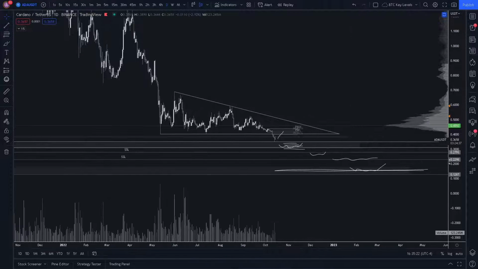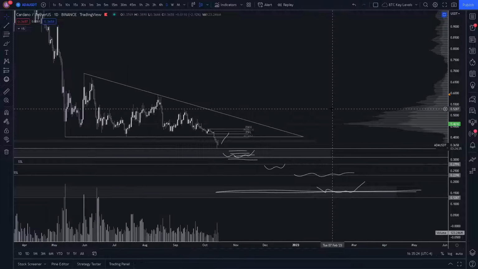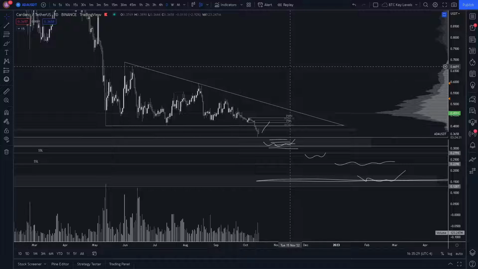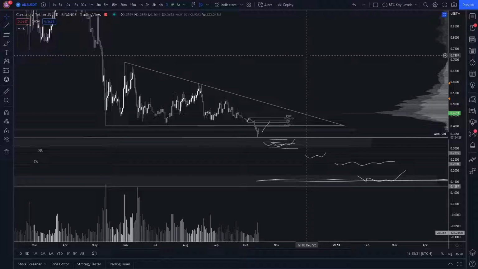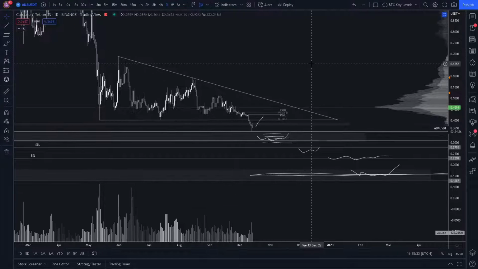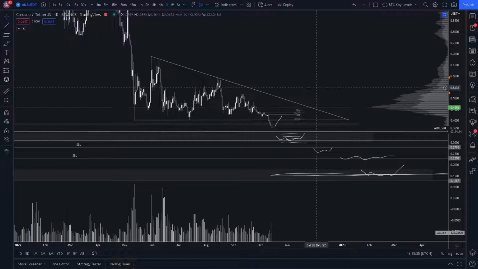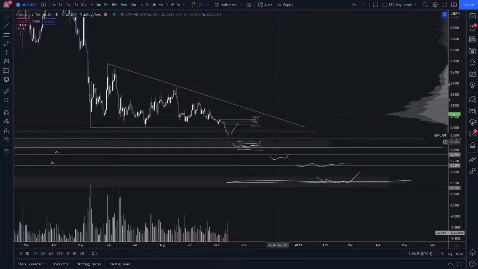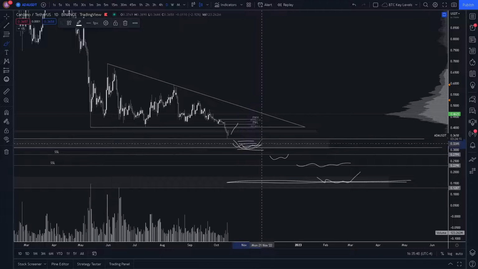But yeah, the economy is pretty iffy right now. I see a lot more downside in the economy for at least 6 to 12 months. So if Cardano is a project you're really interested in, just keep an eye on it. I think it's going to keep on grinding down. We might see some relief here where you can possibly buy and make a decent trade.